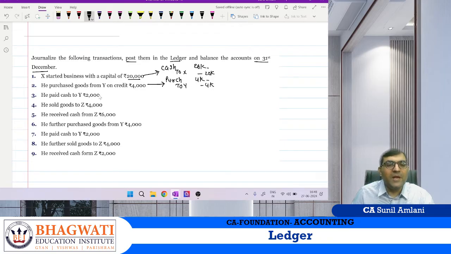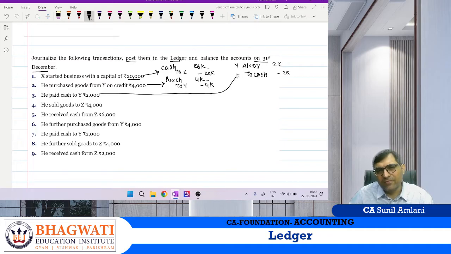He paid cash to Y 20,000, so entry will be Y account debit to cash. This is the entry here.